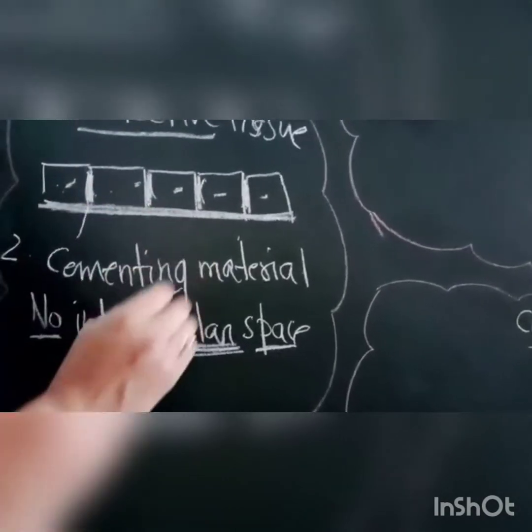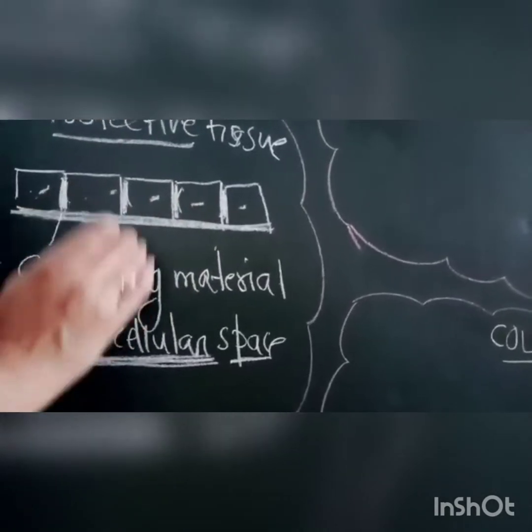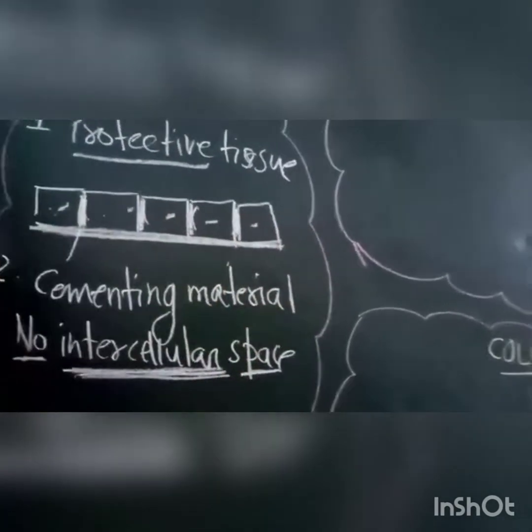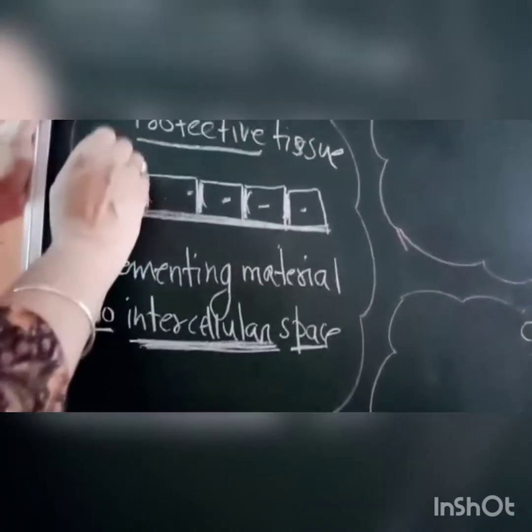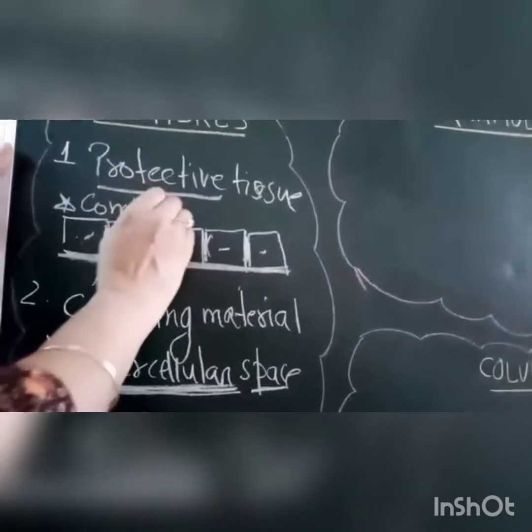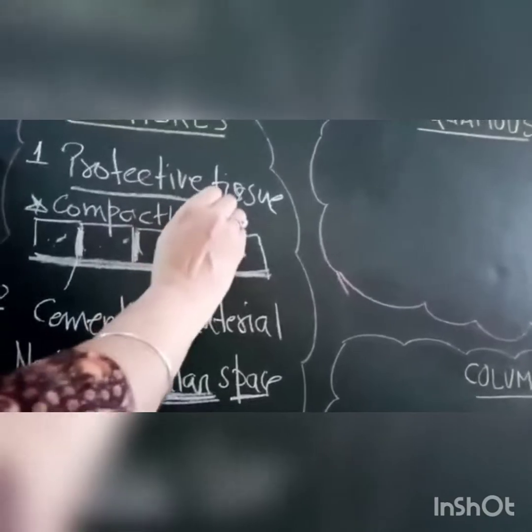Even if they are performing the function of absorption or diffusion, they form a selectively permeable type of membrane with the compactly arranged cells. So the keyword that we have to keep in our mind is compactly arranged cells.